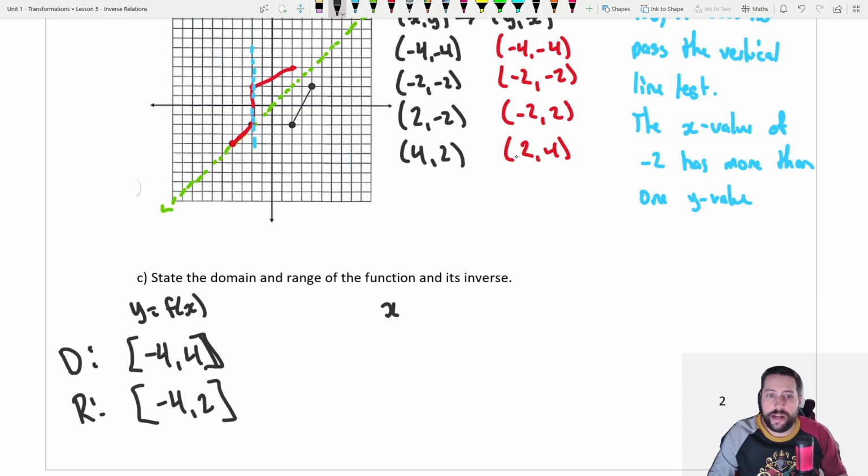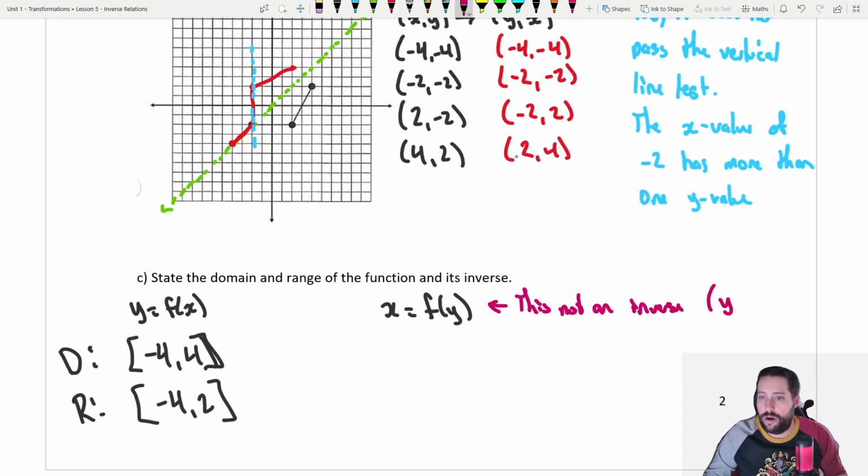Whereas for the next one, x is equal to f of y. We state it this way because this is not a function inverse, so we cannot say y is equal to the inverse of x. We have to write it in that notation only when it is a function.